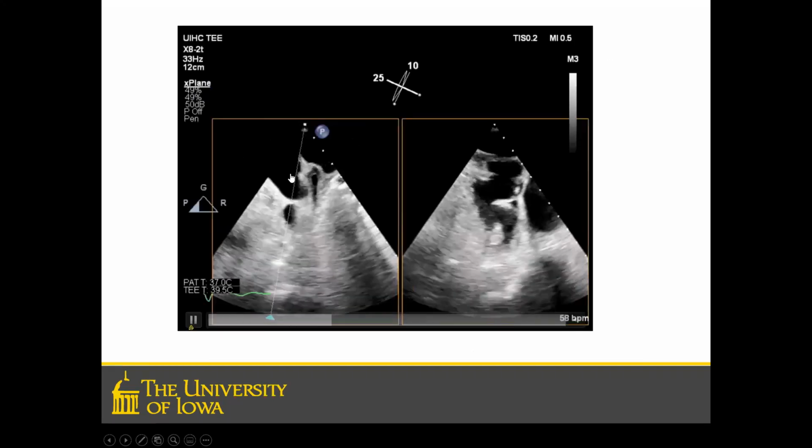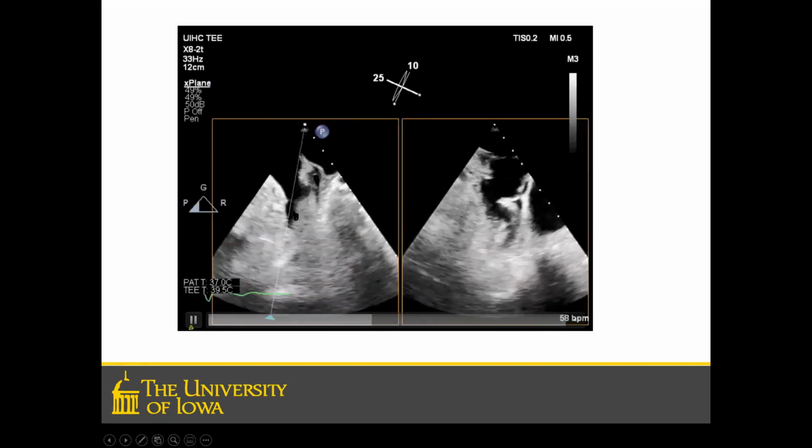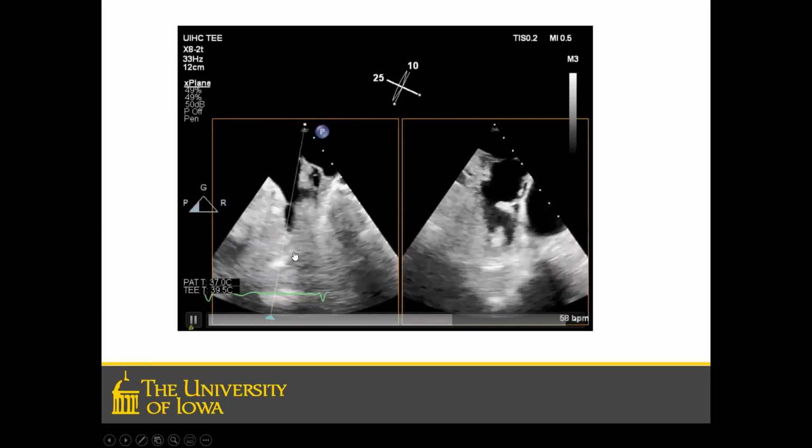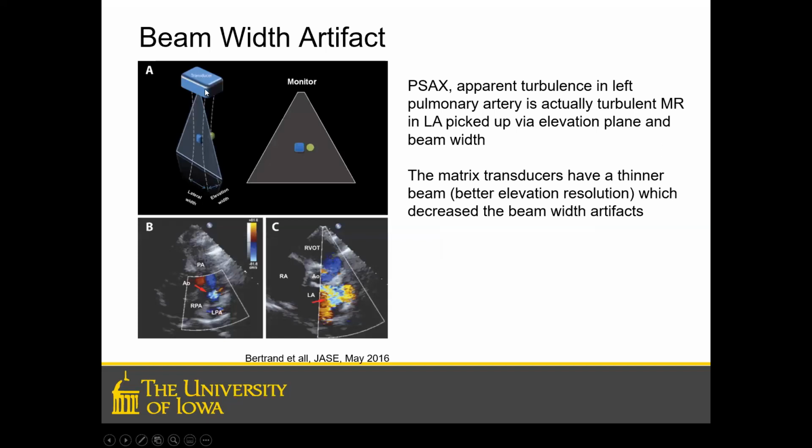On this, going into the biplane mode can be helpful. I mentioned that with our matrix transducers that we have now, this slice thickness is much thinner than it used to be. So that elevation resolution is better than it used to be. But this is an example of showing how this is working.